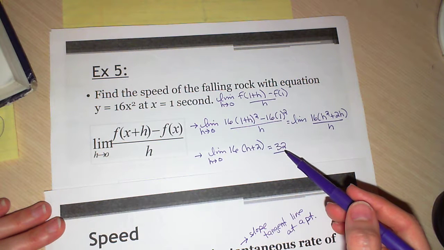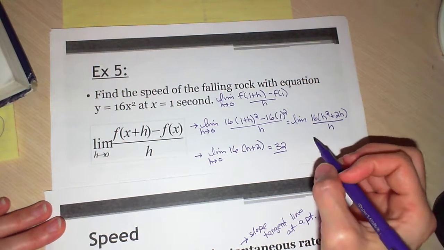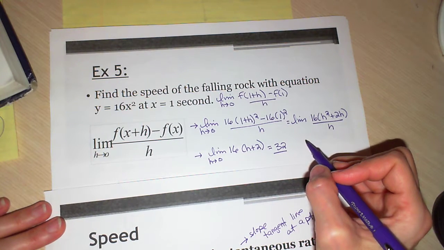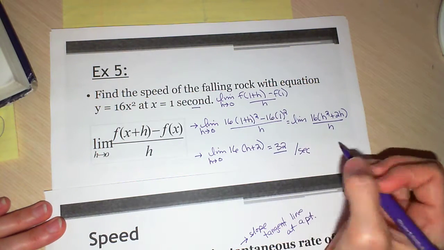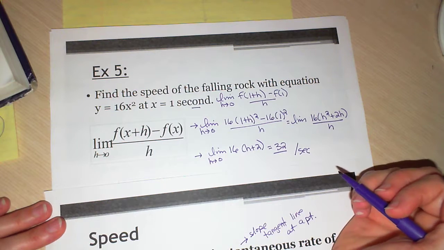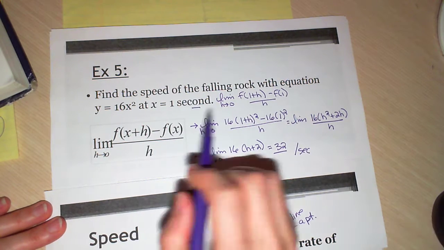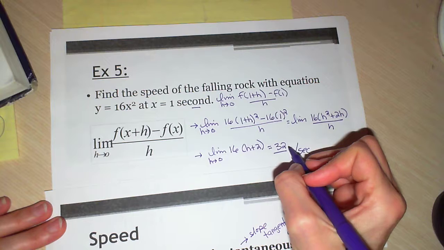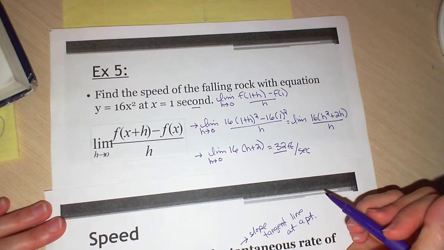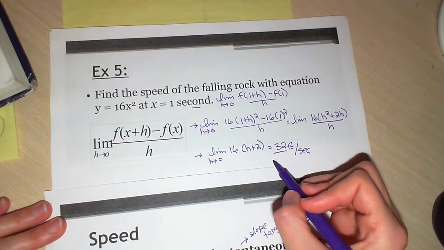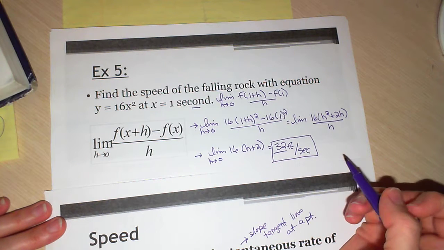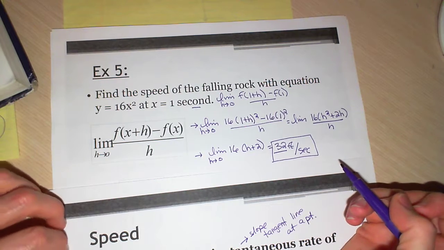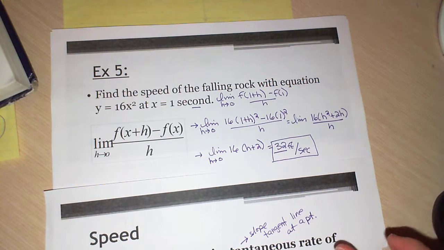But you can also think of this as speed, and because this was a word problem, we can't just leave this 32, we have to give it some units. So we know we're over seconds here, and somewhere in here it should have said feet. It didn't, but it is feet per second. So this is the speed at x equals 1. Instantaneous rate of change is speed, and in this example it's 32 feet per second.